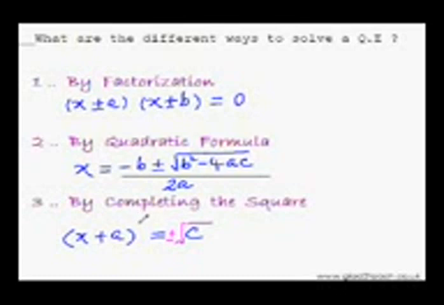So therefore when this square goes to the other side, it will become under root. So now what we have is a linear equation which we can easily solve and get to the answer. Since we have plus minus here, therefore we are going to get two values, that is two roots of the quadratic equation.